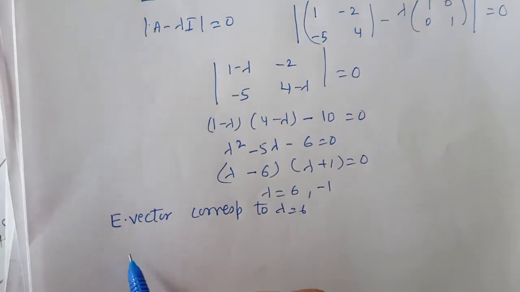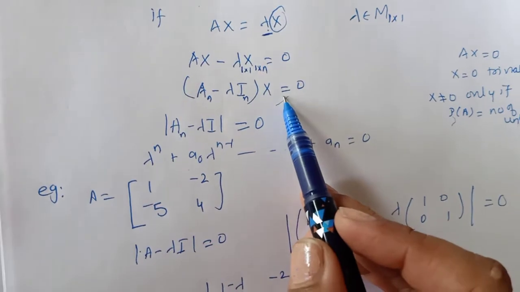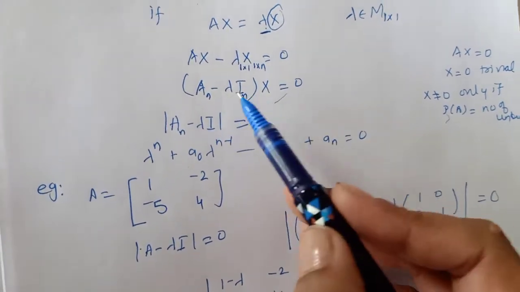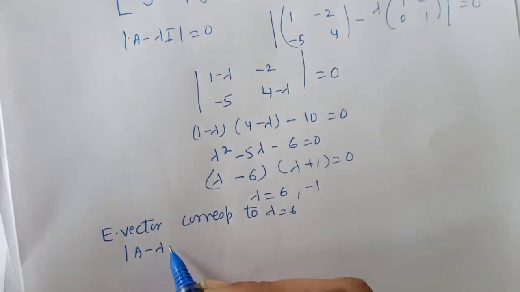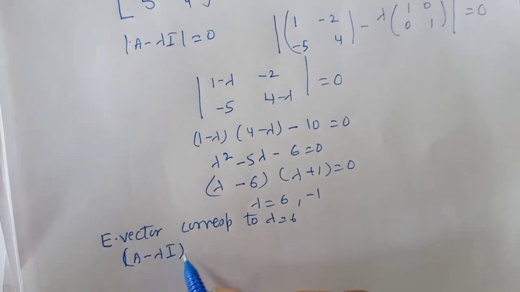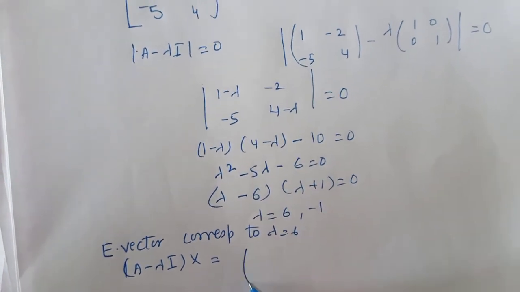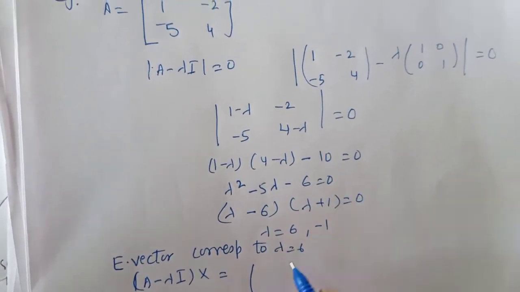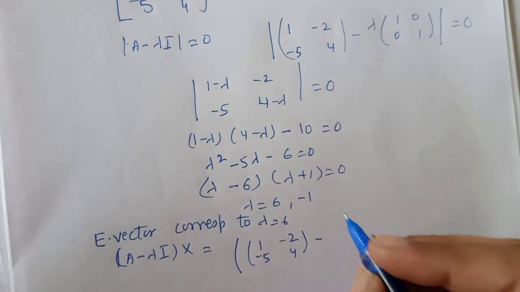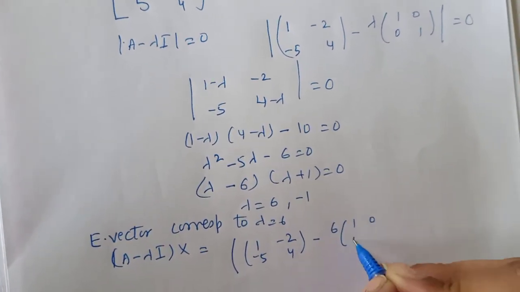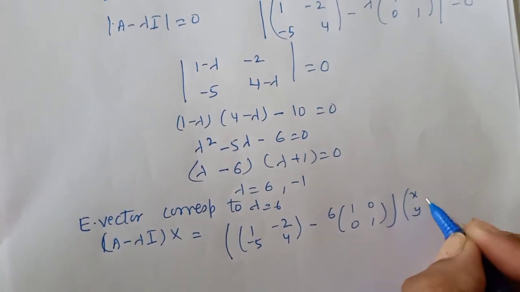So what we'll do is solve this equation by putting the corresponding value of lambda. I am putting the value of lambda as 6. So in this equation, A is [1, -5; -2, 4], putting lambda as 6, times the identity matrix, and x is unknown, so I will write (x, y) only.